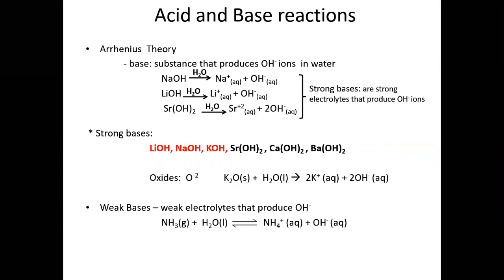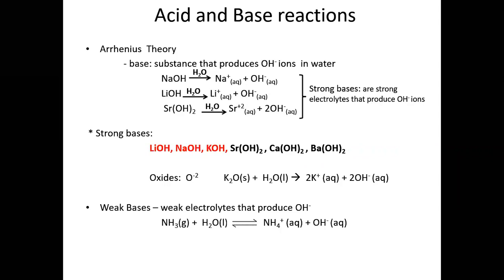And so for strong bases, we're looking at the group 1 and heavier group 2 hydroxides. And so the simple theory about a base is the Arrhenius theory, which says when you put a substance in water, it produces hydroxide ions.